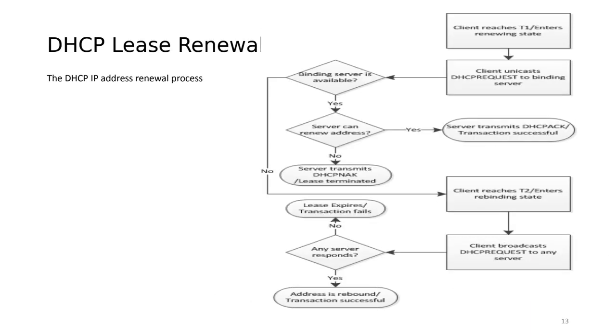And this is the renewal. Remember we said we have T1. T1 is which state? Renewal state, 50%. And T2 is 87.5%, and it is called rebinding state.